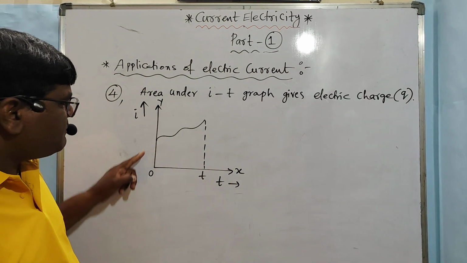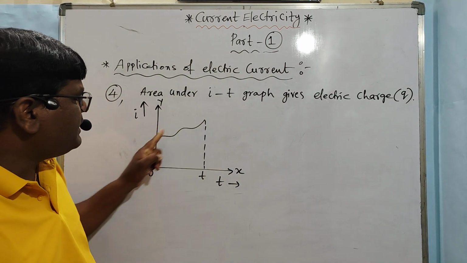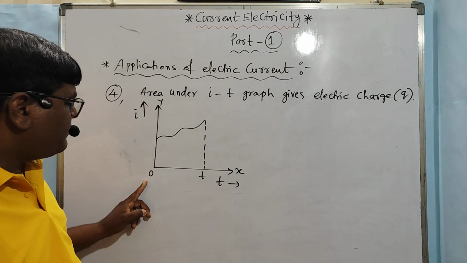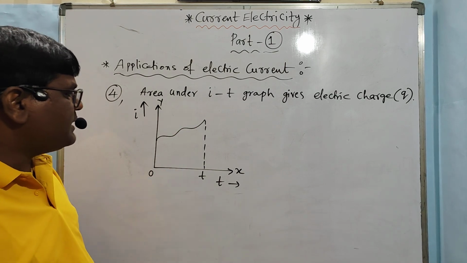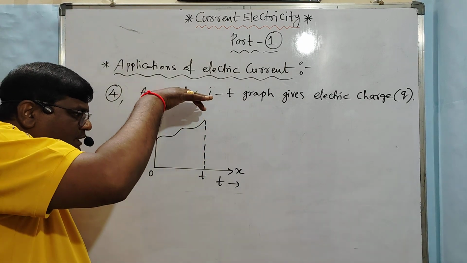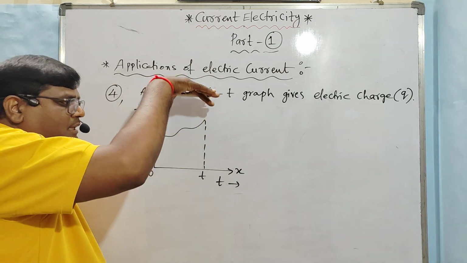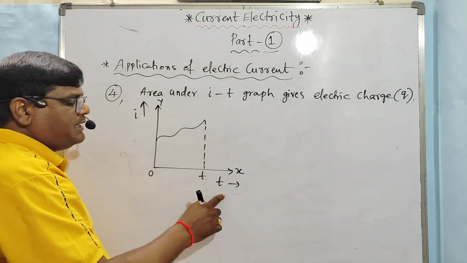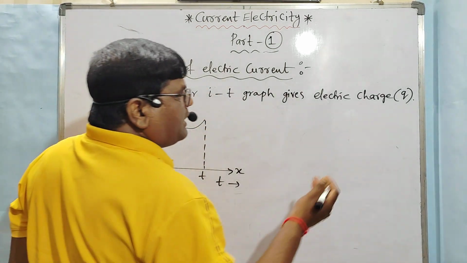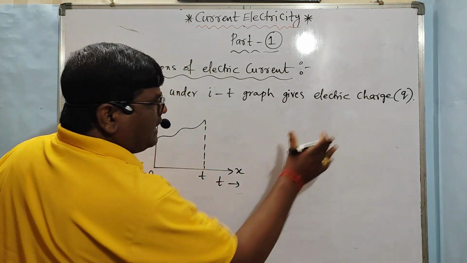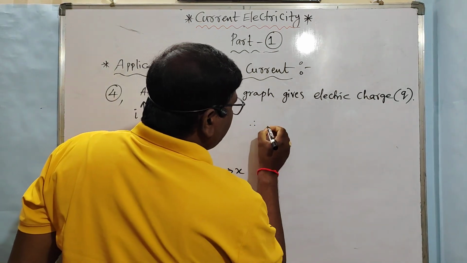The current is varying like this from 0 seconds to t seconds. The area under this curve of I-T gives the electric charge.